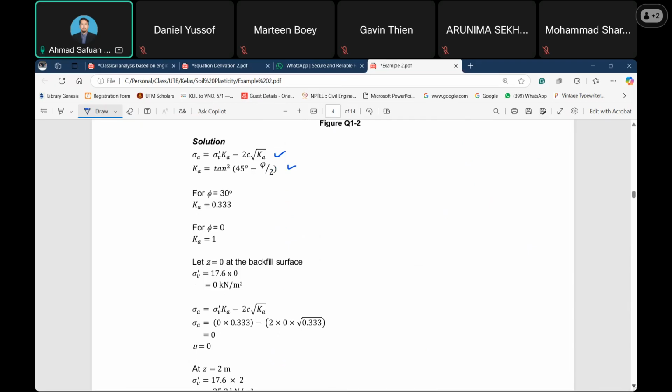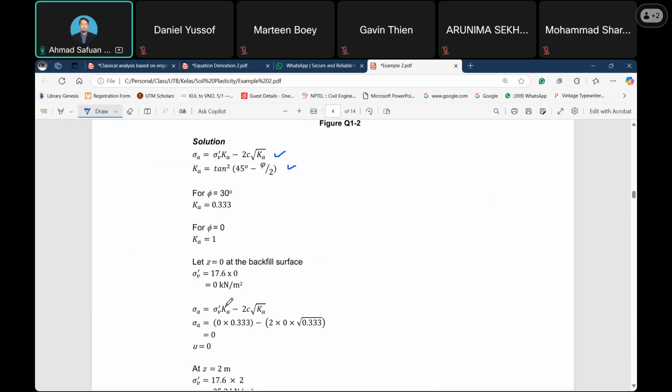Let's say there is no surcharge. Please do not jump to the conclusion that your effective horizontal stress also becomes zero, because the equation depends on the soil properties. If there is a C value, then your initial horizontal effective stress will give a negative value.